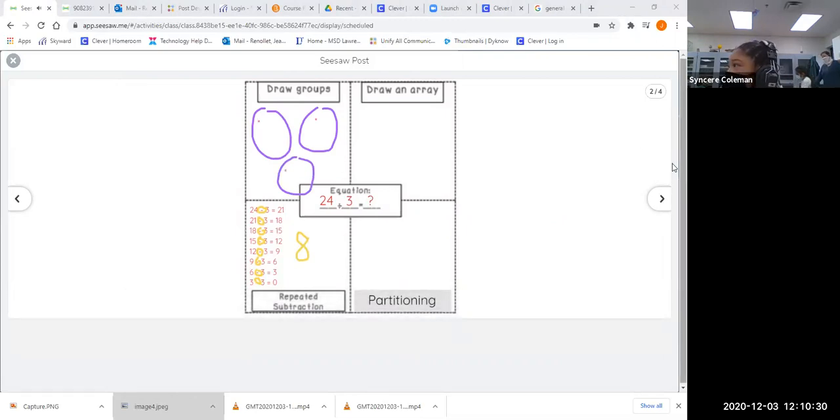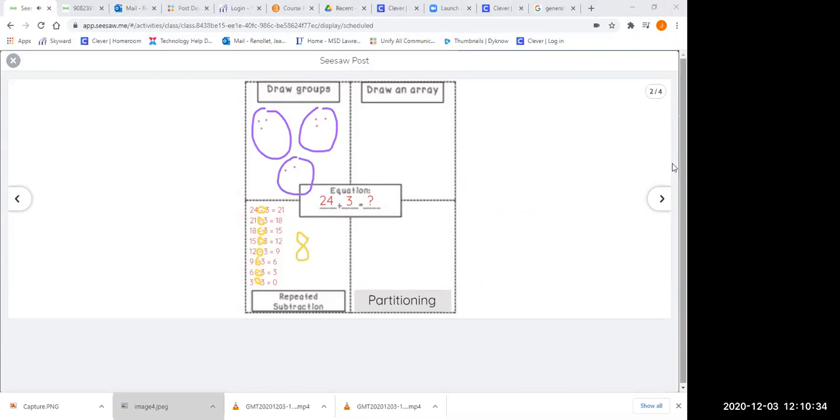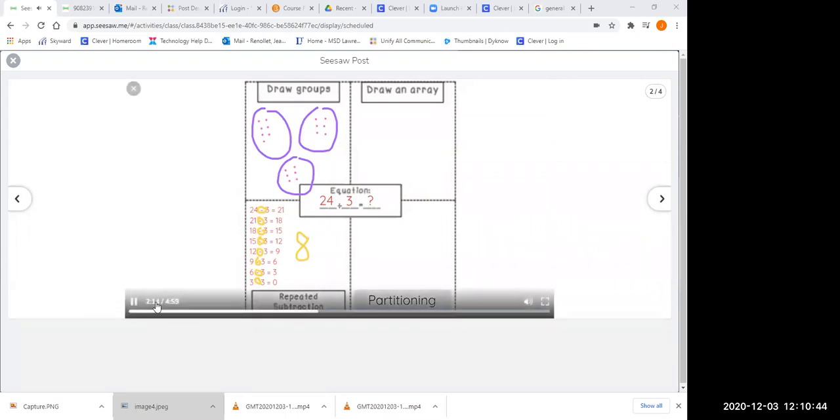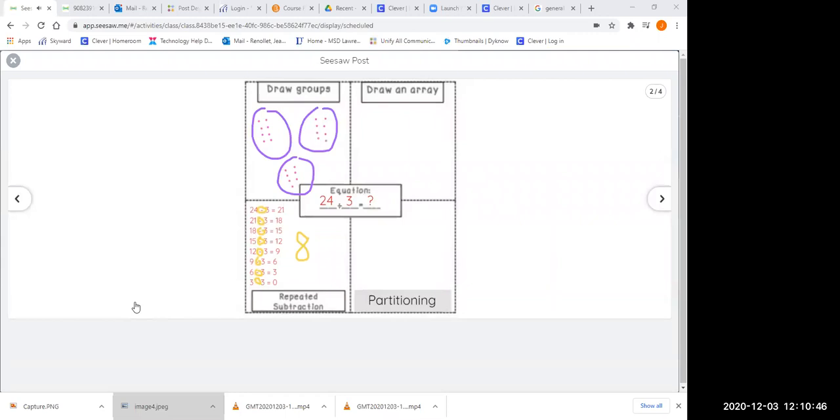When I count the items in one group, I'm able to see that there are 8 items in one group. So my quotient for this strategy is the same as the previous strategy.